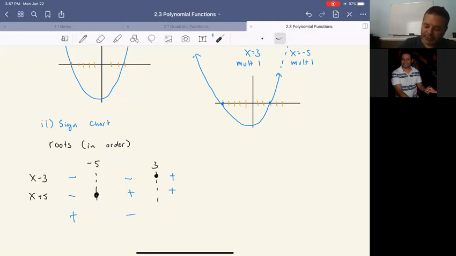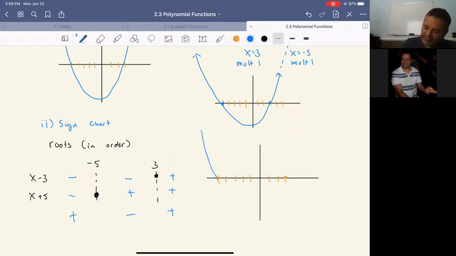And when you multiply two positives together, that gives you a positive. So now, before negative 5, your graph should be positive.